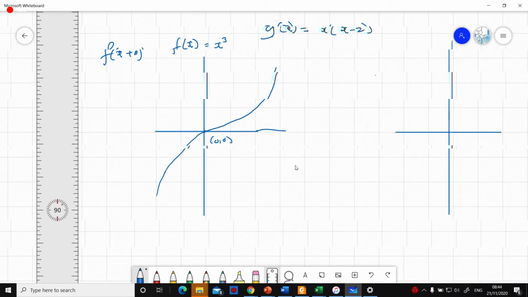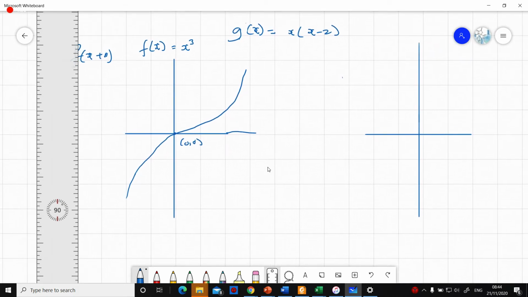And how that looks, guys, f of x plus 1 is in the brackets, so that will be shifted in the x direction. It can go either that way or that way, in two ways only, not up and down. Imagine pinching it from here and moving it to the left or to the right.